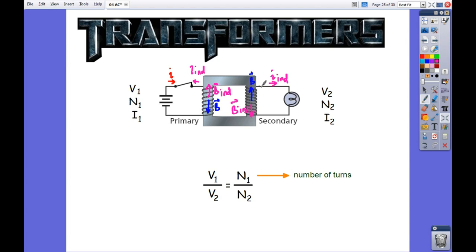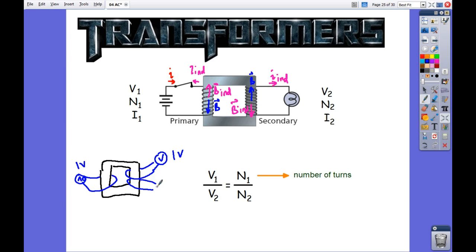That means, for example, if I have an AC source of 1 volt and one loop, the voltmeter will also read 1 volt. But if I have 2 loops, that means I have another 1 volt.